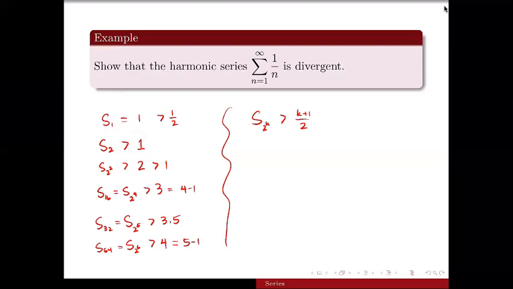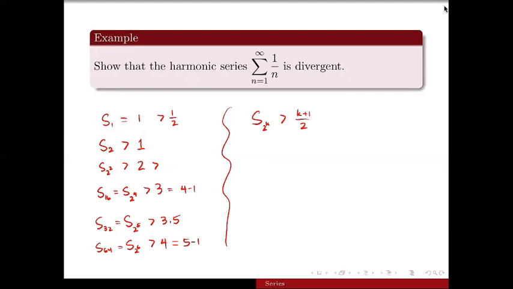So you got this guy here. And then you have k equals 2, so you are at this point. And we said that it's greater than 2. When k equals 2, you have 2 plus 1 divided by 2. That's 3 halves. So this is what we have.